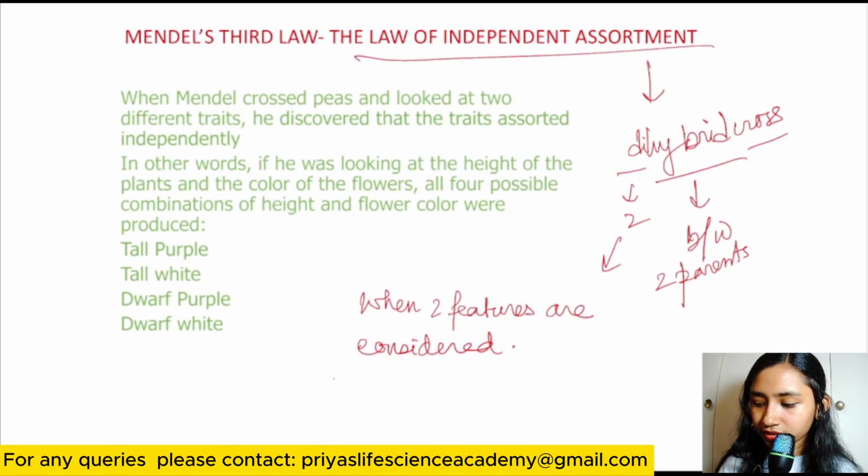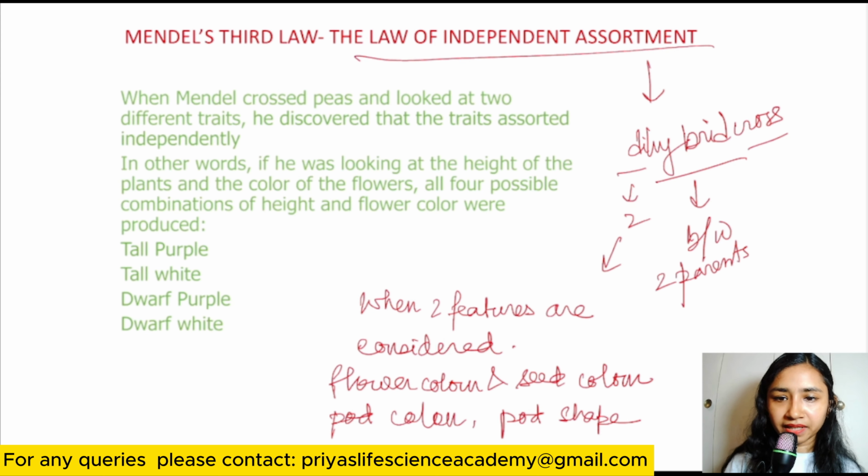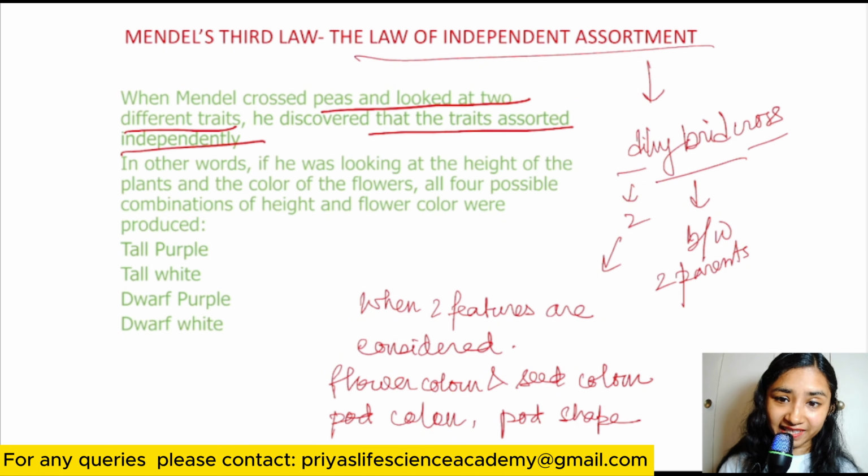Like in case of flower color, seed color, or it could be pod color, pod shape. It can be anything. So when Mendel crossed peas and looked at two different traits, he discovered that the traits assorted independently.